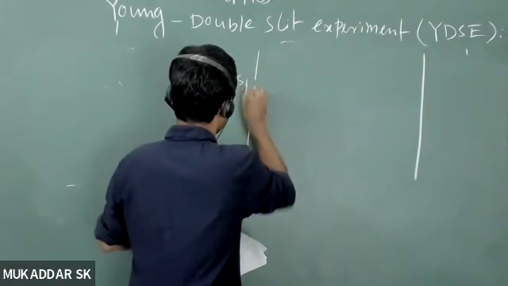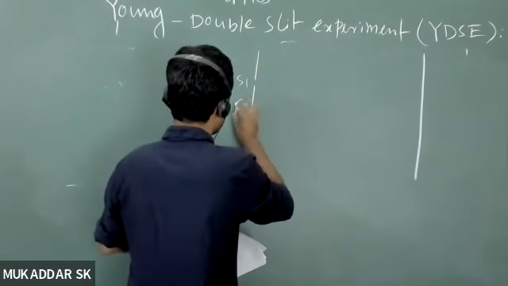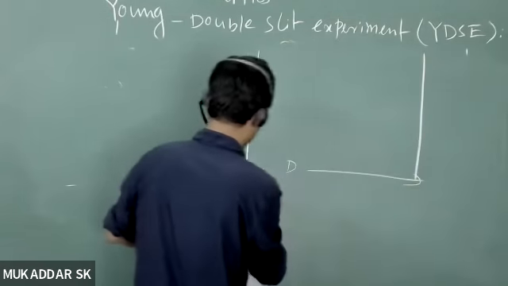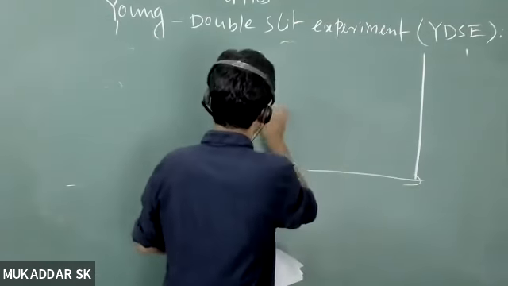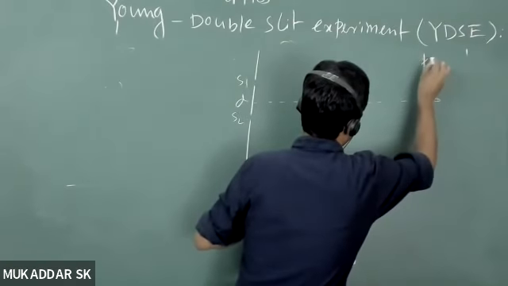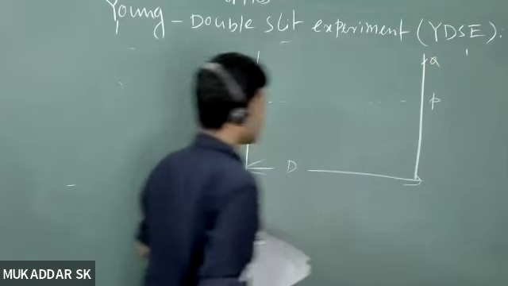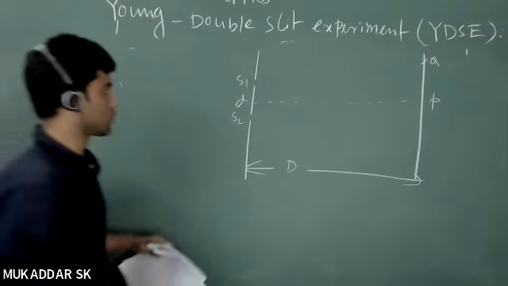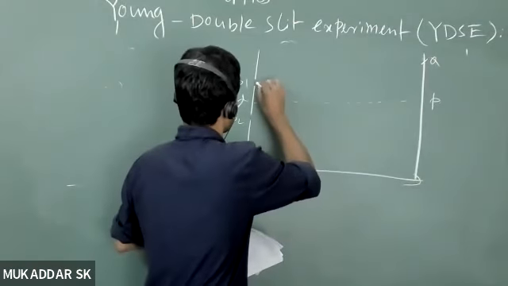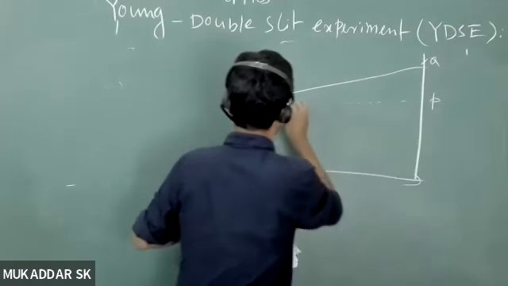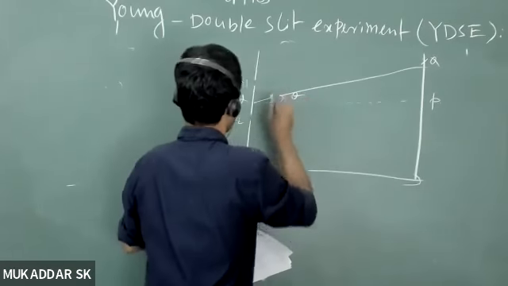This is slit S1, slit S2, separation is d, and this distance is capital D. The central point is denoted by P. Now I am looking at point Q, the intensity or amplitude at point Q. The ray is coming, and this angle I have denoted as theta, right?